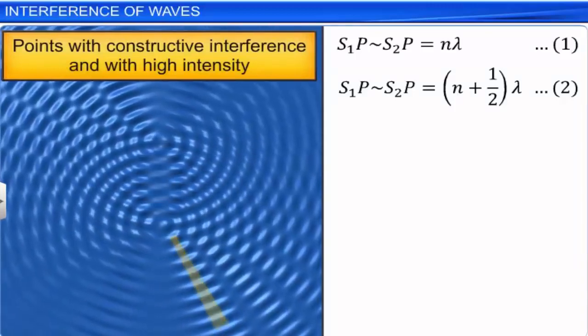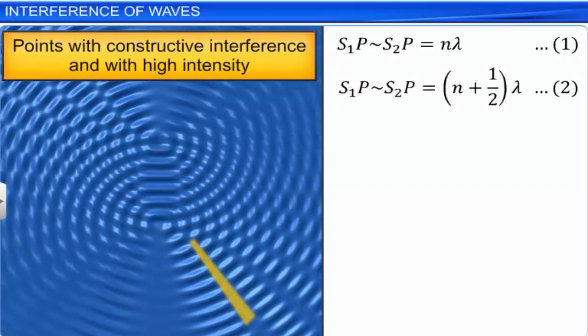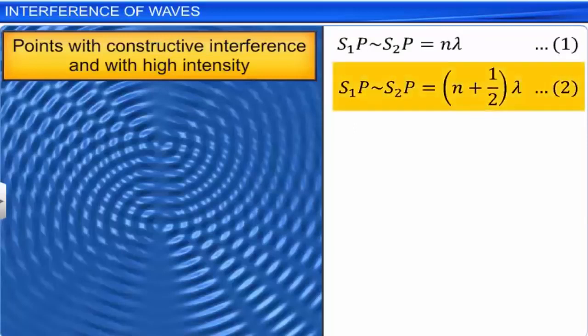That means, for points where equation 1 is satisfied, constructive interference takes place, and the intensity at those points is 4 times the individual intensities. For other points where equation 2 is satisfied, we have destructive interference and the intensity is 0.